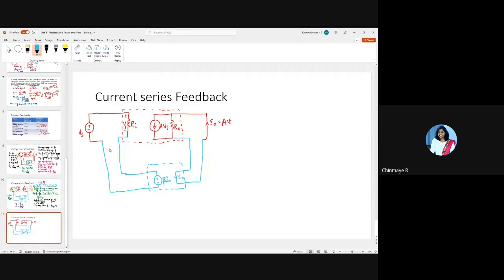So now this will be equal to Vf, the voltage Vf, right? So what is Vf basically? It is nothing but beta times I naught. The voltage Vf is nothing but beta times I naught, right? So I can again apply a KVL here to this loop and then write Vs is equal to Vi plus Vf.